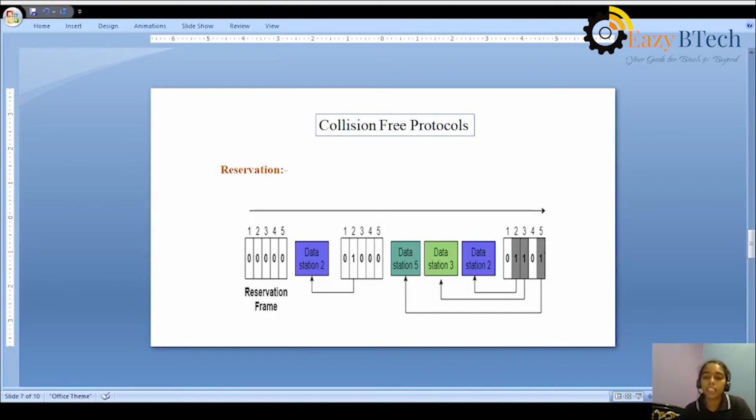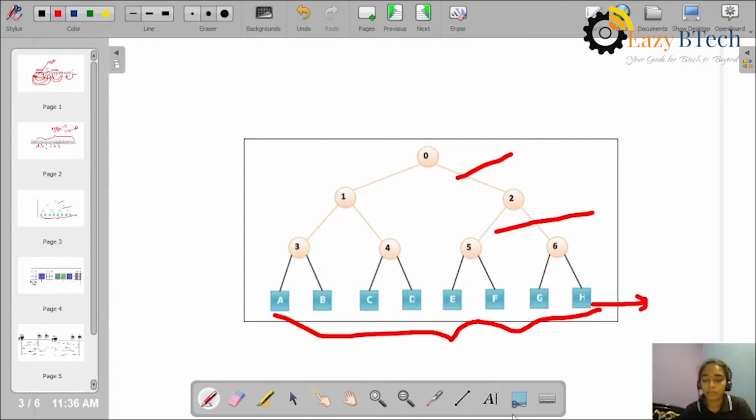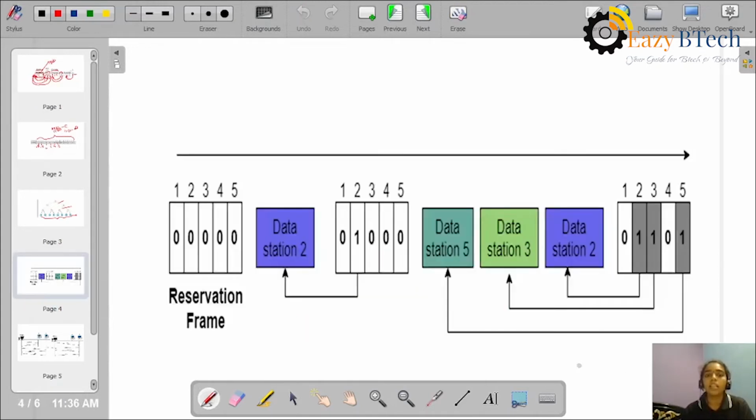Okay, so let us discuss a small thing about this. Reservation is one of the control access protocols to control the channel access, right? So I will show you the diagram. Here reservation means whenever a station wants to communicate a data frame in that particular shared channel, first of all the stations get ready for reservation.